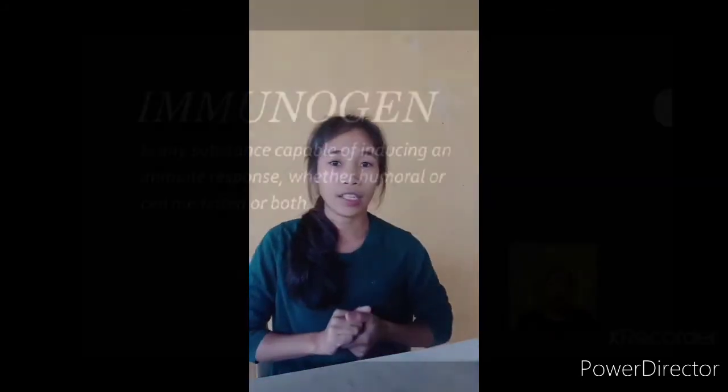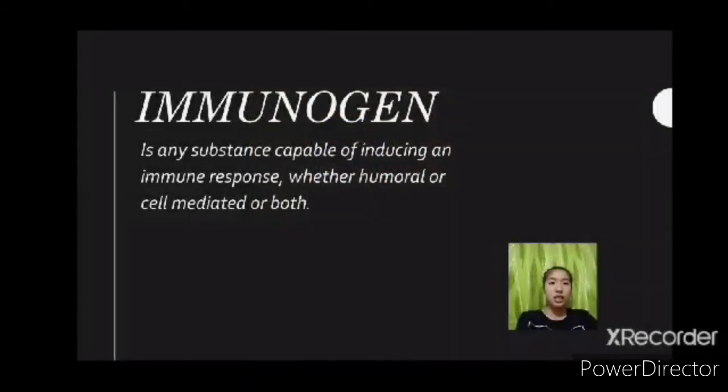Lymphocytes that migrate through the thymus become T cells. Cellular immunity involves T cells, and T cell receptors recognize antigens.